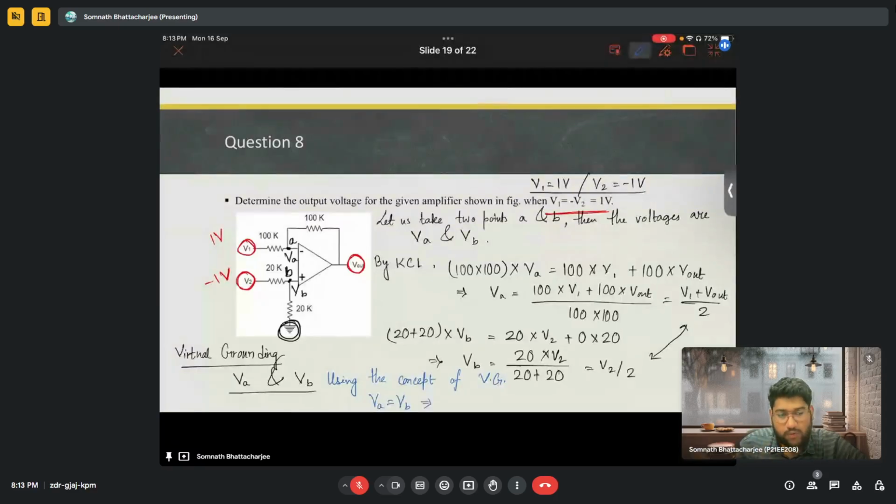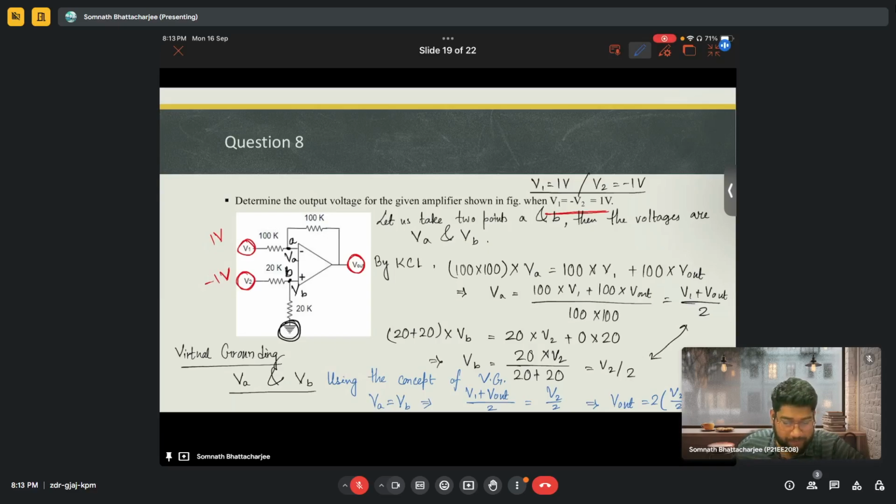So V1 plus V out divided by 2 is nothing but V2 by 2. So we find V out equals 2 into V2 by 2 minus V1 by 2.